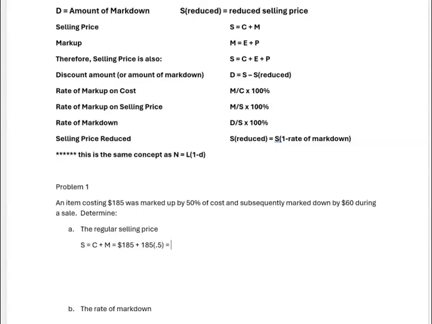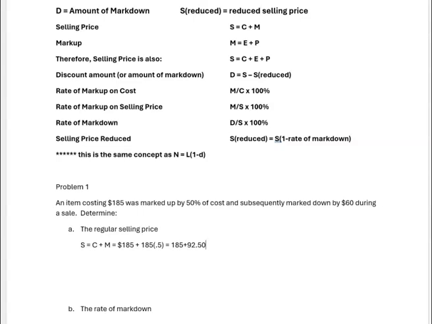Okay, so that gives us $185 plus half of 185, which is 92.50. As soon as it goes into points, remember, put it in the form of pennies.